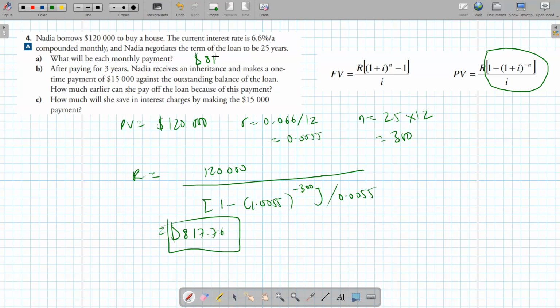Let's write this down. Part B: after paying for 3 years, Nadia receives an inheritance and makes a one-time payment of 15,000 against the outstanding balance. How much earlier can she pay off the loan because of this payment? It's a difficult question.